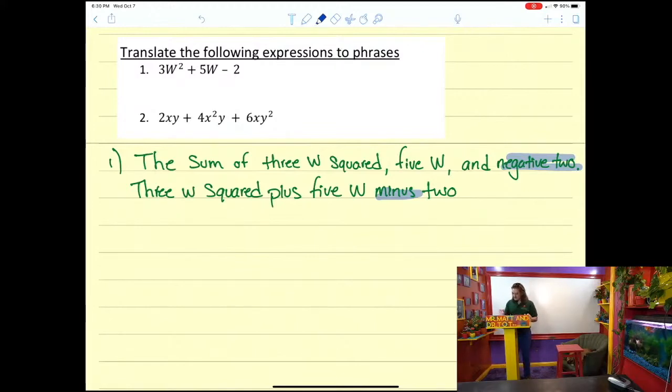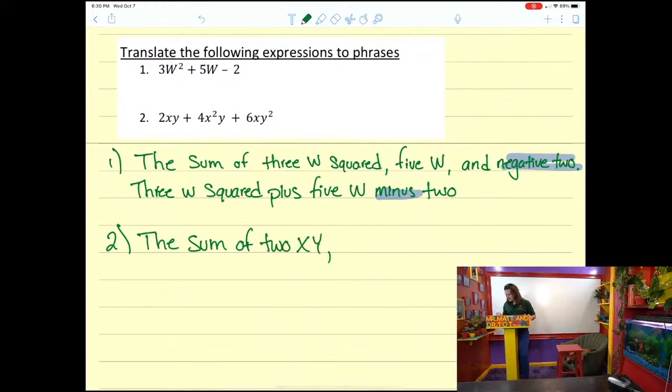The second one, oh, let me get my pen back. We could describe, same type of thing, really. So we could describe it as the sum of 2xy, 4x squared y, and 6xy squared.